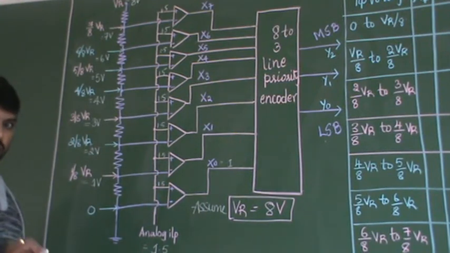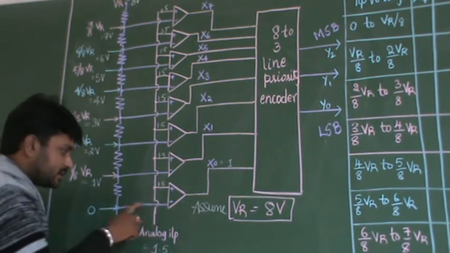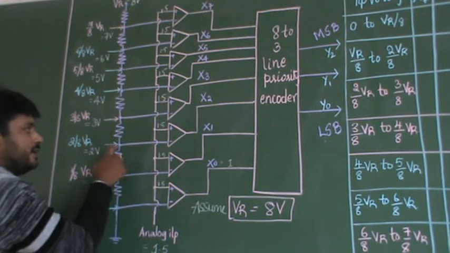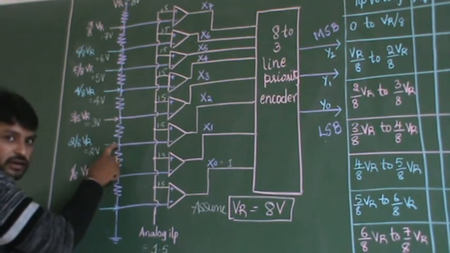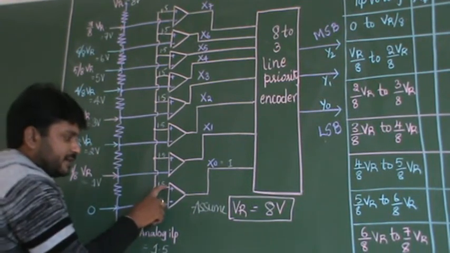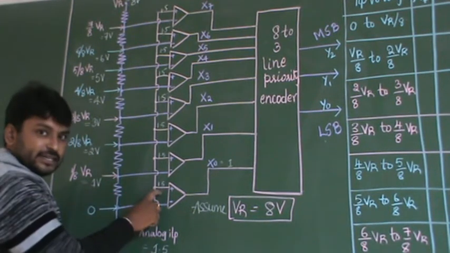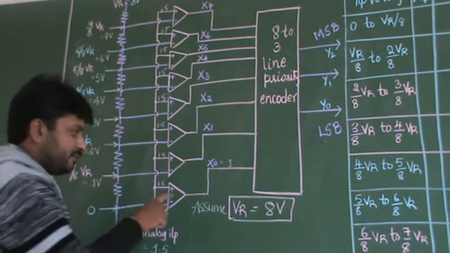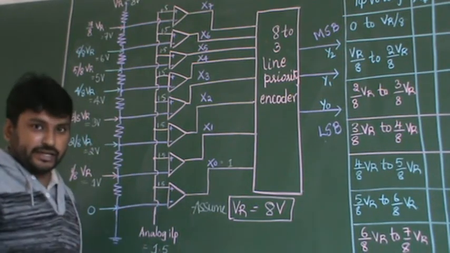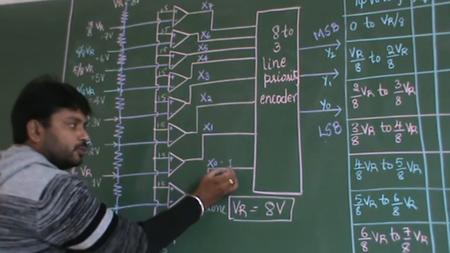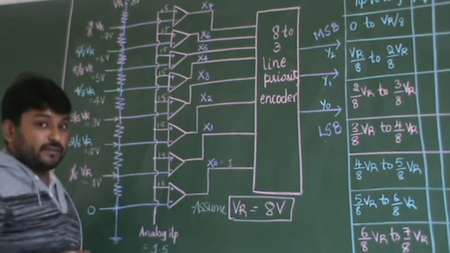I repeat once again. See, the negative terminal is connected to these points. I have already explained how you have got these points, right? So 1.5 is compared to 0 volts. Which is greater? 1.5 is greater. If the positive terminal is having the highest quantity, then your output will be 1. I have already explained with respect to the table.